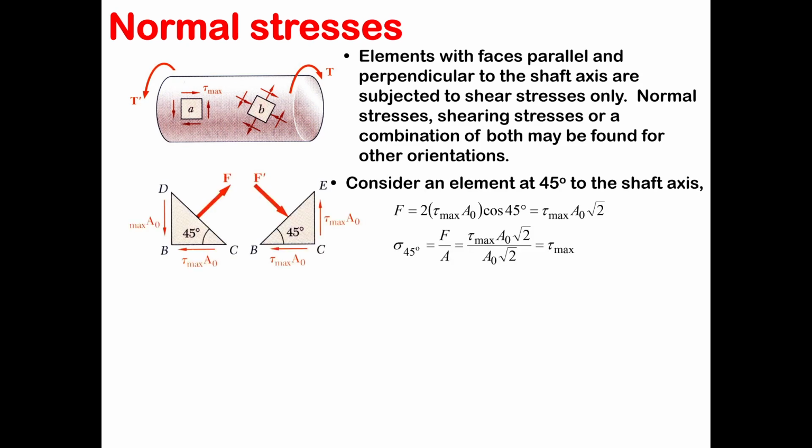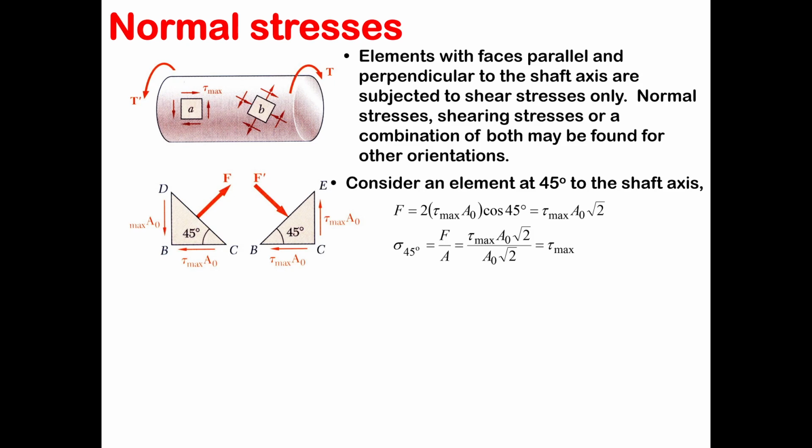Now, how can we find this normal stress? You of course have to have the angle your element makes, or the force you're applying makes, the normal force to the surface. So the normal angle of each face with the axis of the shaft. For example, if that normal angle is 45 degrees, then we can find the normal forces using this analysis here.